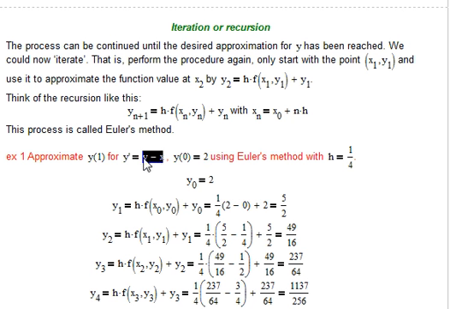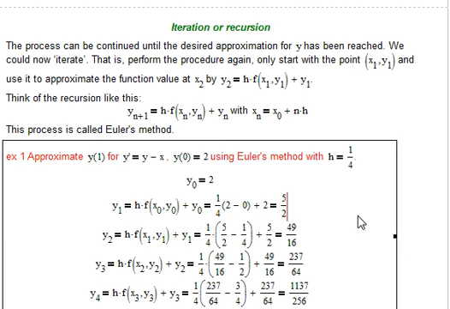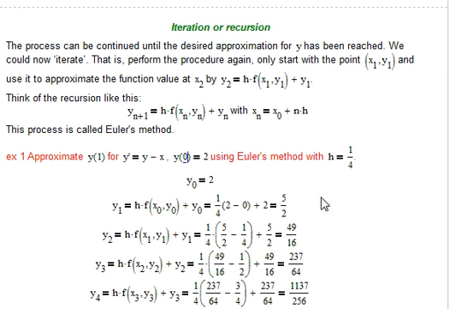This is going to be 2 minus 0. So that's going to be h, 1/4, times 2 minus 0 plus y sub 0, and that's 2. So 1/4 times 2 minus 0 plus 2, and that is 5/2. So our first predicted y, which is predicted for the value when x is 0.25 or 1/4, remember, because we added 1/4 to 0, is 5/2.